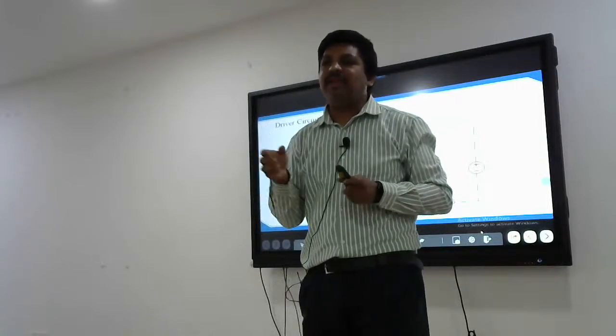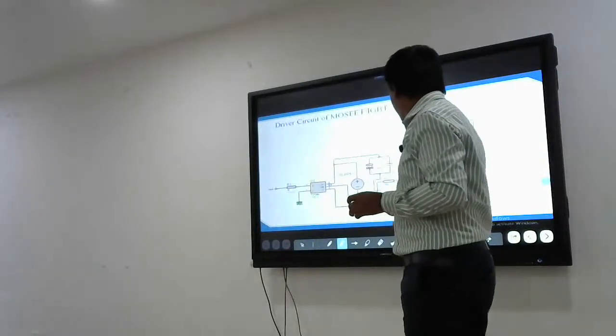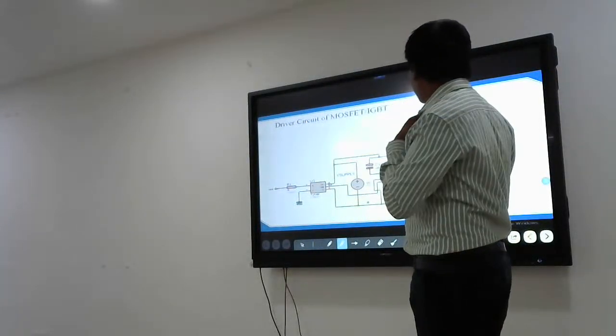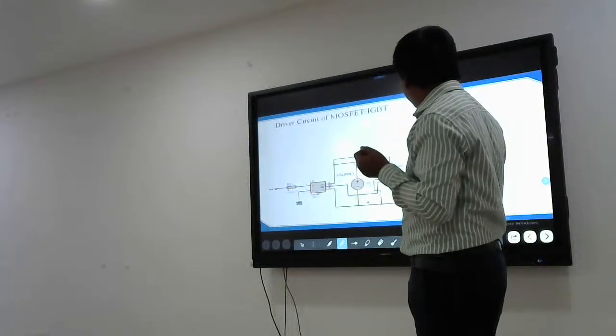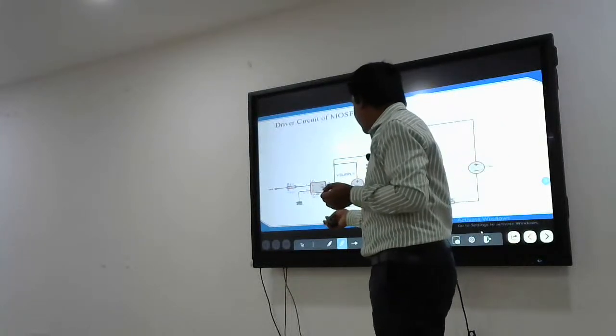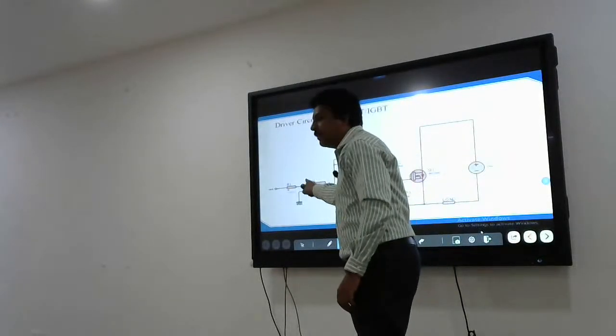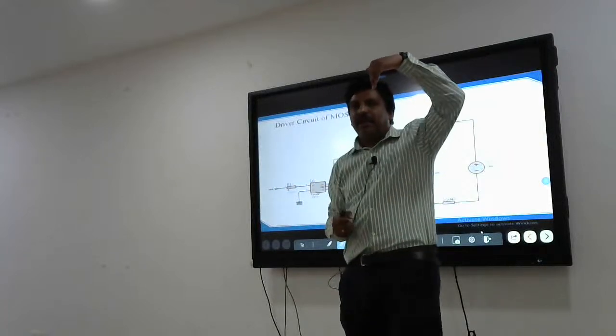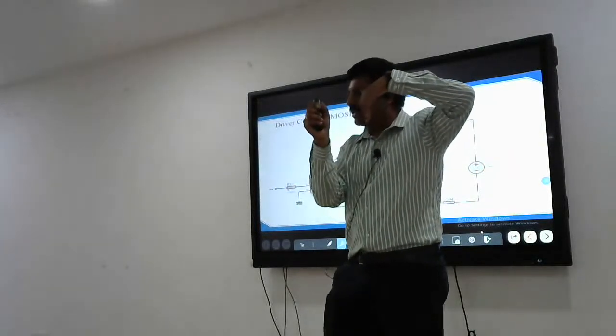The other means of separating the controller and the power circuit is using an optocoupler. An optocoupler has a photodiode and a phototransistor.